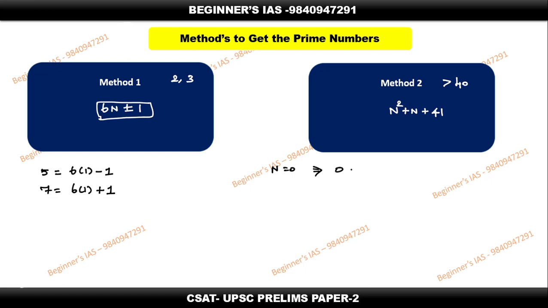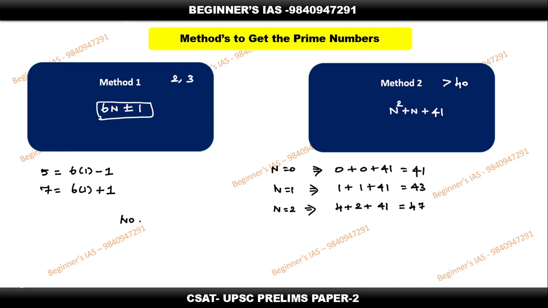Listen carefully. 0 square is 0, 0 plus 41, which is nothing but 41. Put n equal to 1: 1 square is 1, then 1 plus 41, which is equal to 43. Then n equal to 2: 4 plus 2 plus 41, which is equal to 47. So in this way you can get prime numbers.